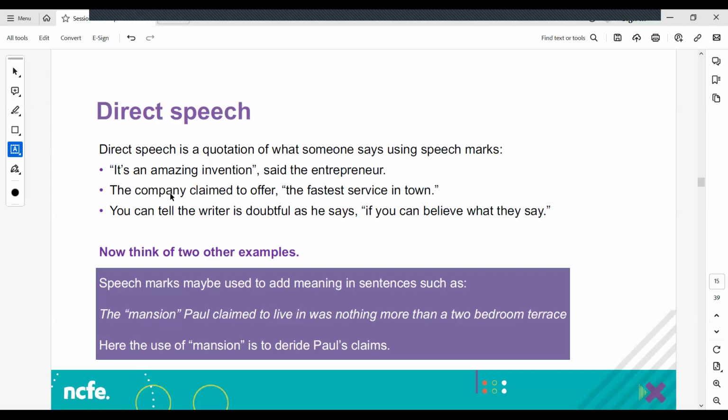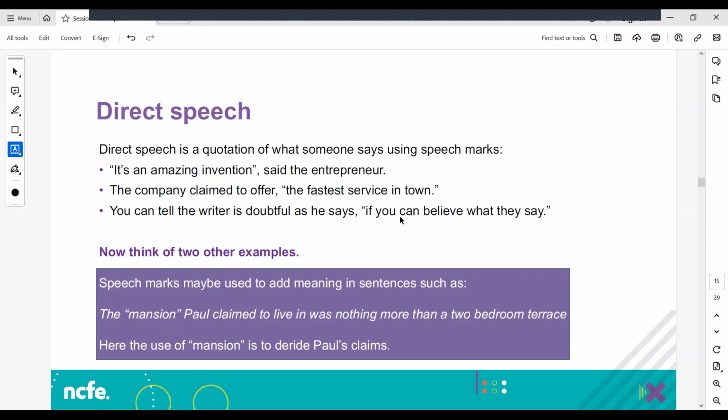It could also be what somebody or a company said in their marketing or advertising or company information. So it's quoting what was said in a document. So the company claimed to offer the fastest service in town. So we're quoting them on that. You can tell the writer is doubtful as he says, if you can believe what they say.